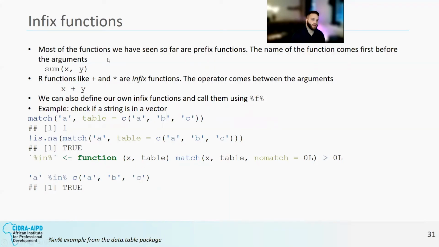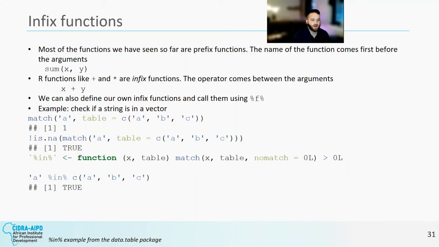Now R also has some functions that are called infix functions. The operators are examples of these because the operator comes between the arguments. So x plus y is an infix because the operator plus is between the x and y.